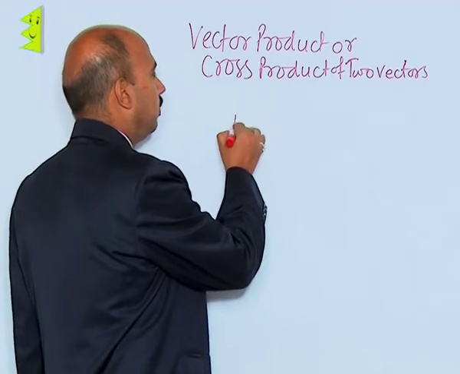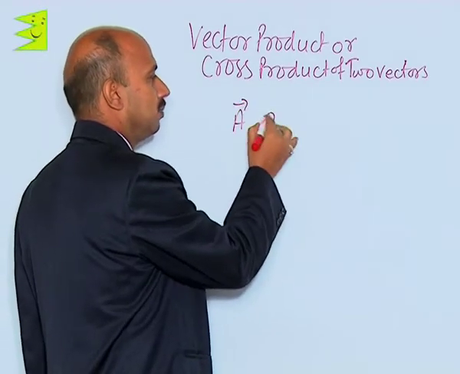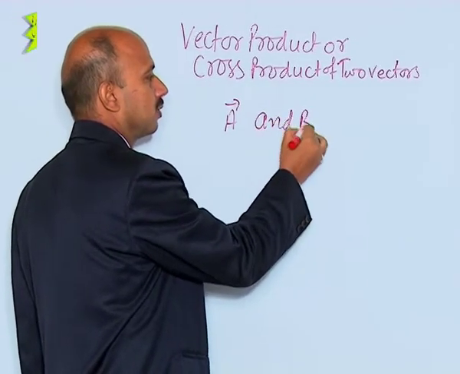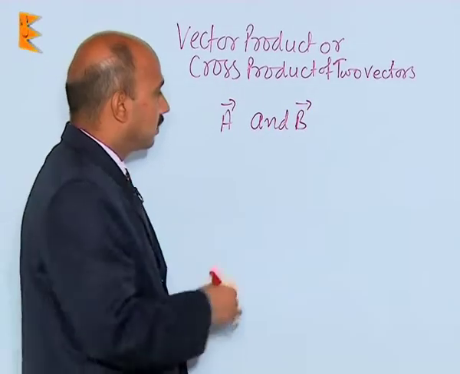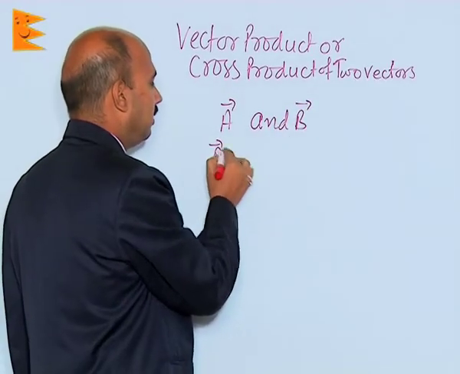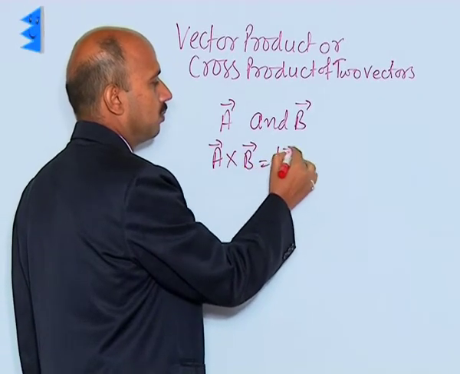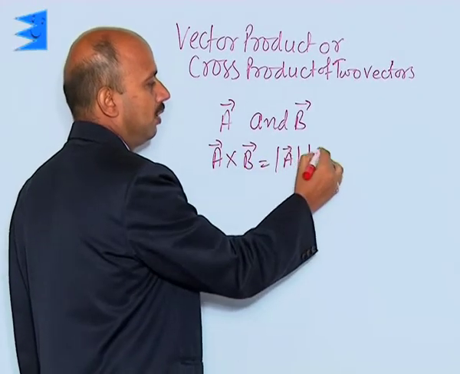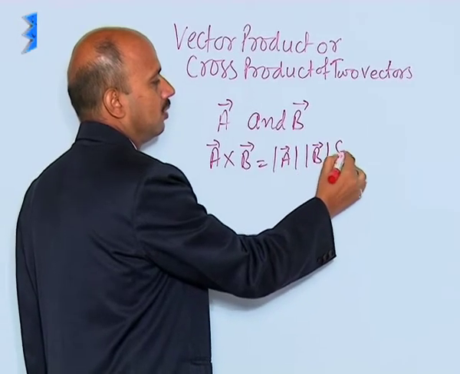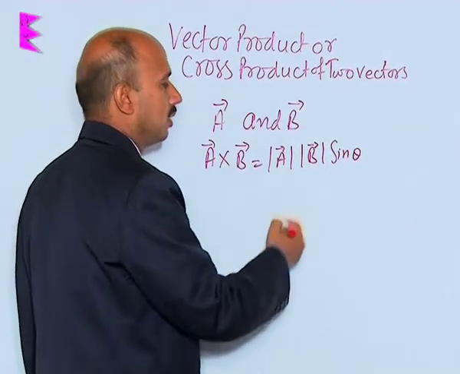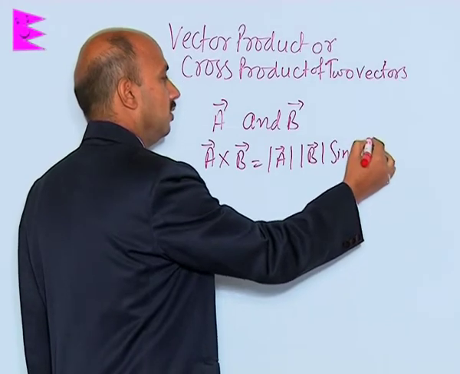Suppose you have taken two vectors A and B. Their cross product is defined as A cross B is equal to magnitude of A, magnitude of B, sin theta, times C cap.